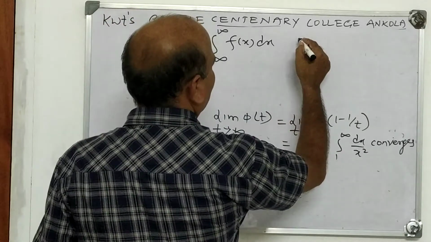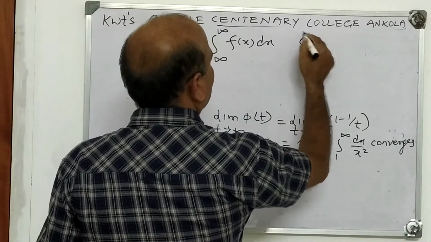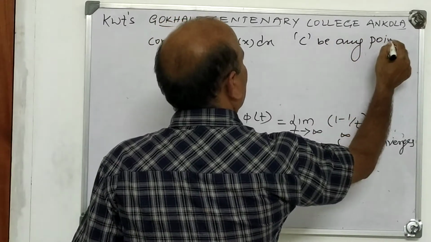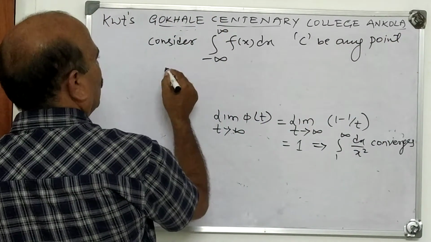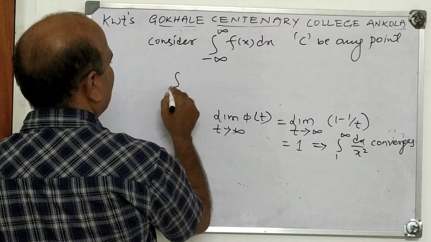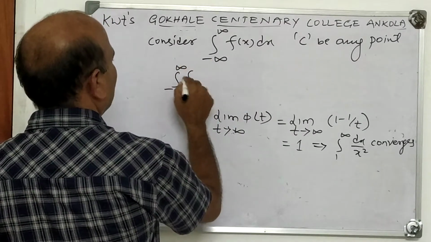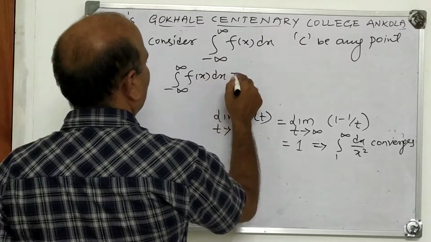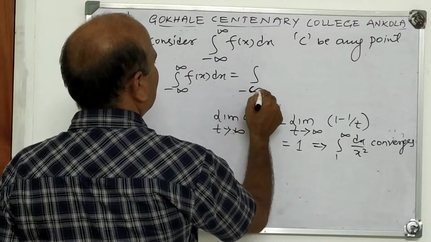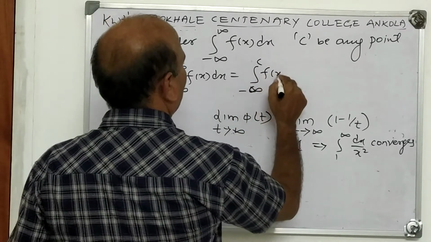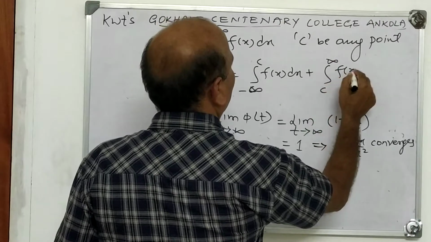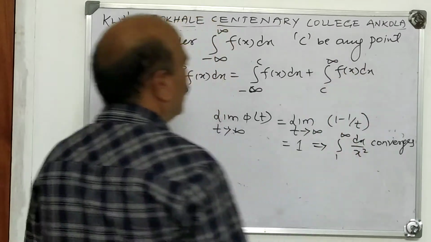In this case, we take c as any point, c be any real number, and we write the integral from minus infinity to infinity f(x) dx as the integral from minus infinity to c f(x) dx plus the integral from c to infinity f(x) dx.